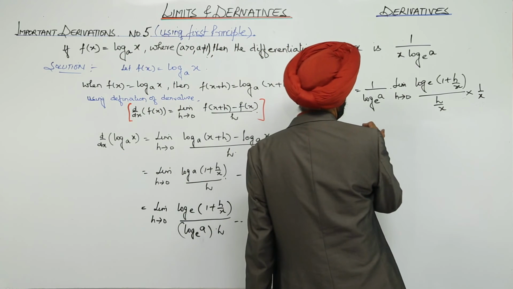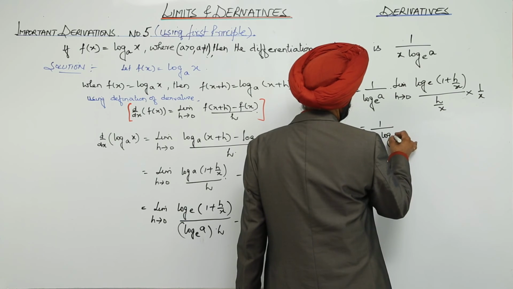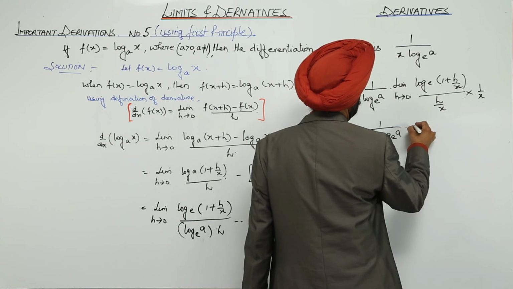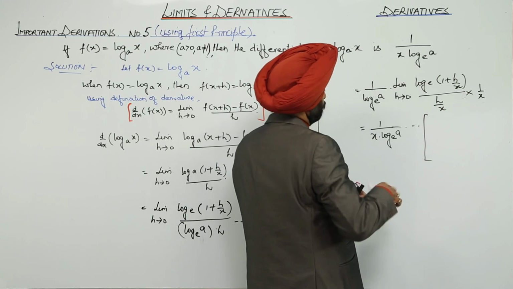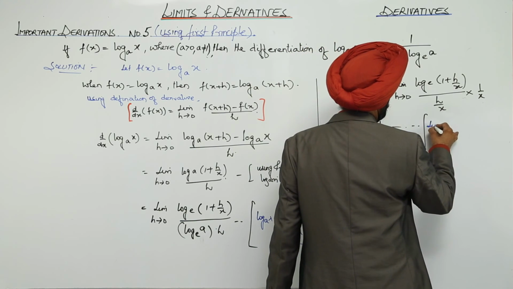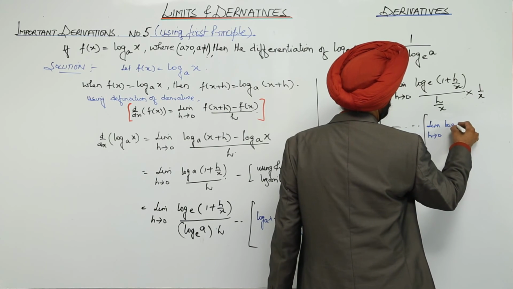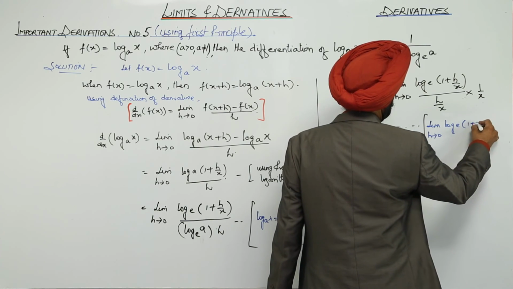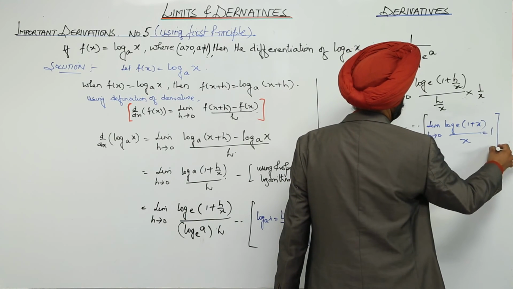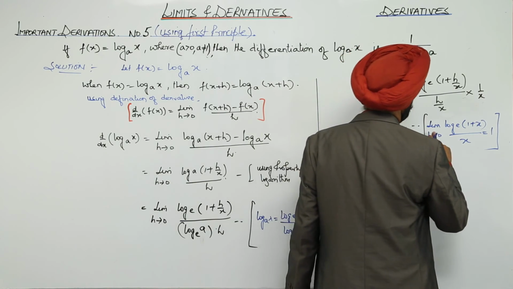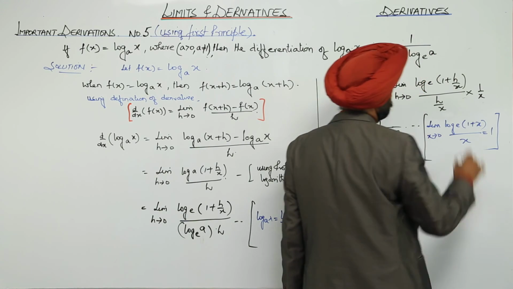Now this becomes 1 upon x log e a, limit h approaches to 0, log e (1 plus h upon x) upon h upon x, that is 1, as h approaches to 0.